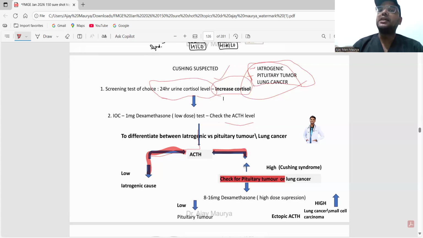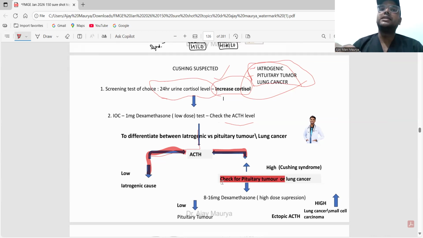Why? If it is still high, then you have to check why ACTH is high. It may be either a pituitary tumor or lung cancer. In order to rule this out, you have to do the high dose suppression test.